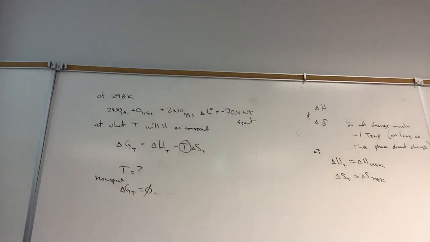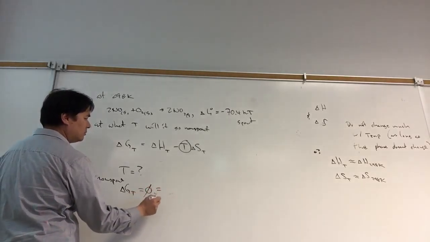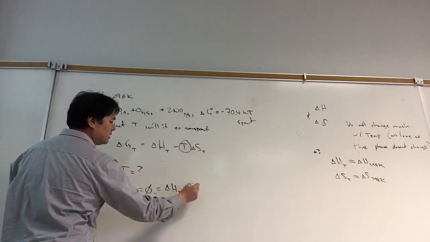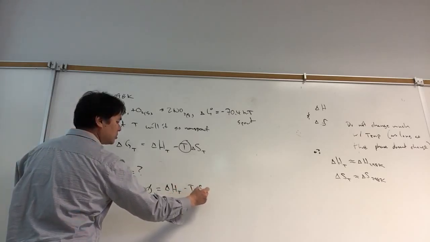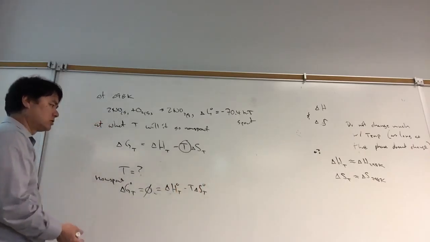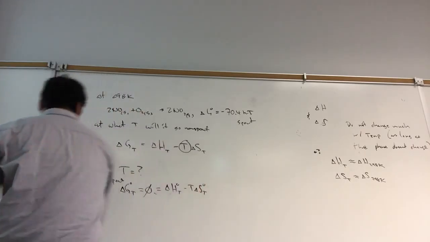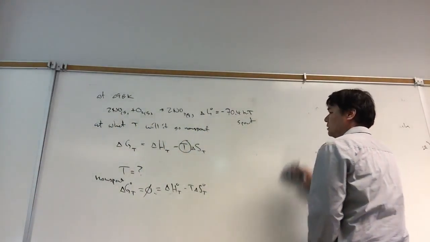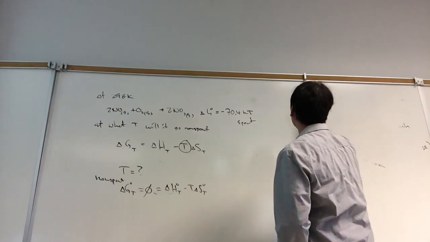When it goes to 0, then I've canceled out the driving force here. And so I want that to equal 0. This is going to be equal to my delta H at that temperature minus T delta S at that temperature. And these are all going to be under standard conditions because there's no standard temperature, so I'll keep those under standard conditions. And so I'm going to solve this for T.